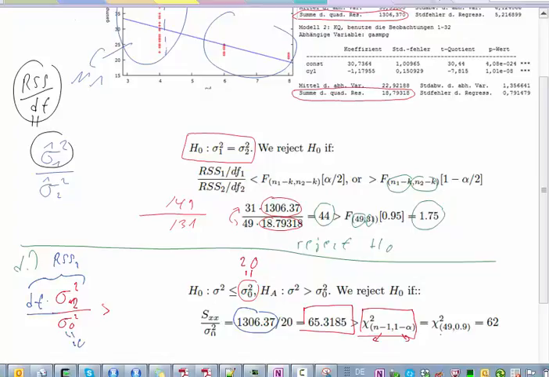The only complication is that I need to multiply by the degrees of freedom, which I put in front. That's just this test statistic, which obeys the chi-squared law. The product of the degrees of freedom and sigma 2 squared is simply our RSS, which we've looked at before. There it is. So that's 1306 divided by sigma 0 squared, which is 20. And as a test statistic, we get 65.3185.